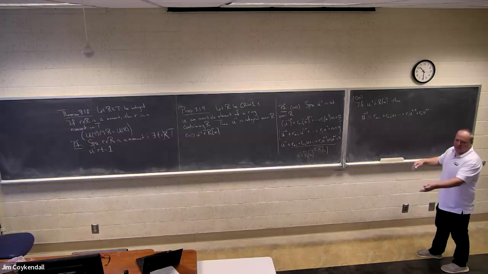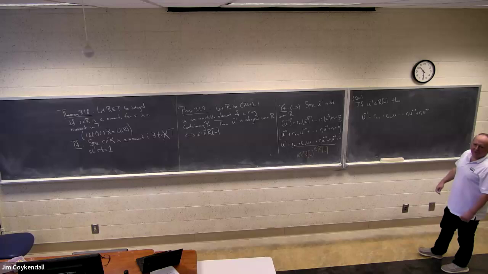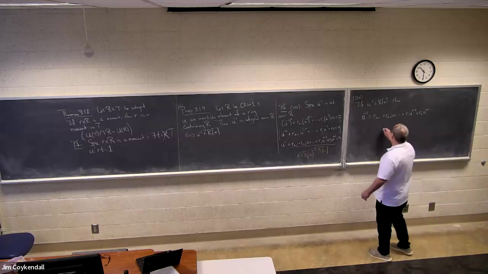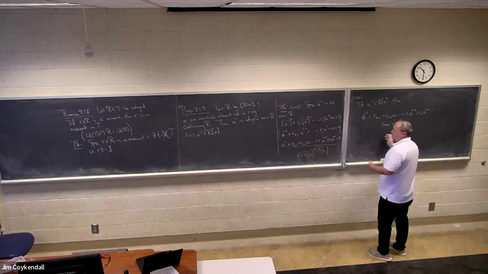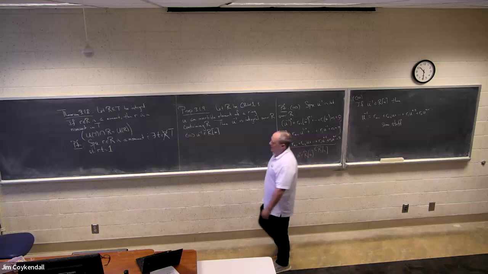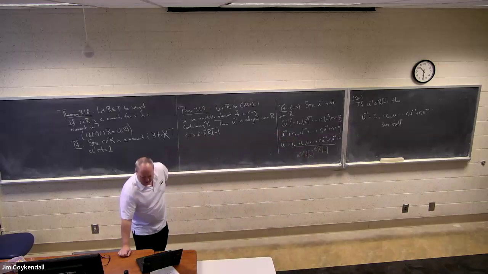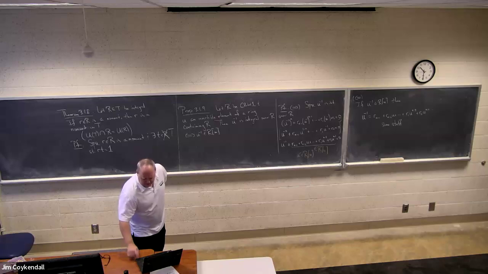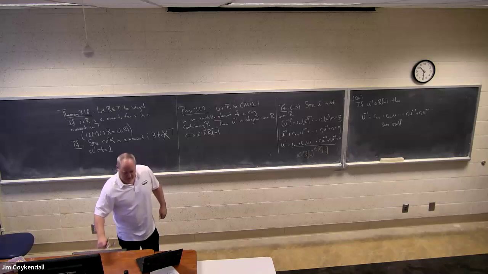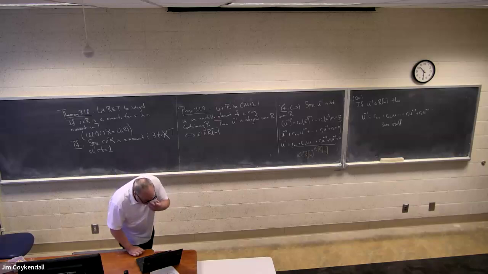Take it over and multiply by u to the one minus n. Same stuff. Okay, so this will come up later. This is kind of an important thing: u inverse is integral over R if and only if u inverse is in R[u]. Even though it's a simple observation, it is a useful piece of information.